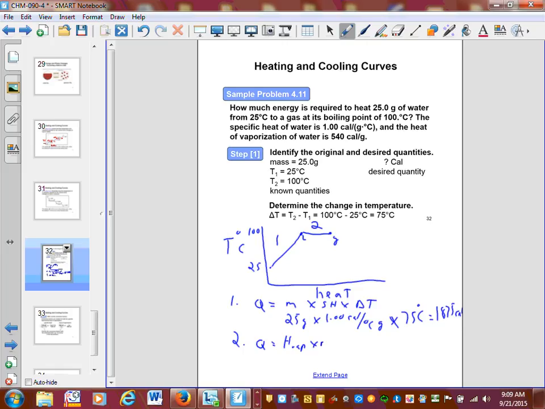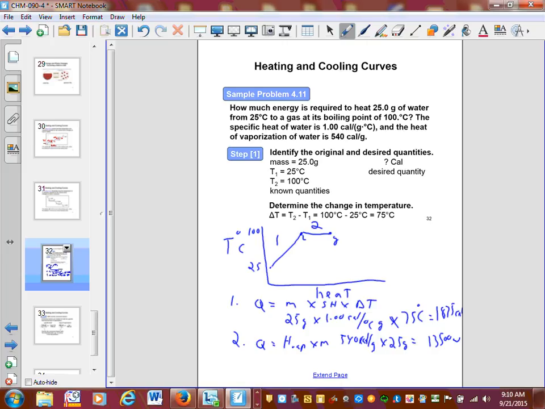So heat of vaporization is 540 calories per gram, times 25 grams. Q is the heat: 13,500 calories.